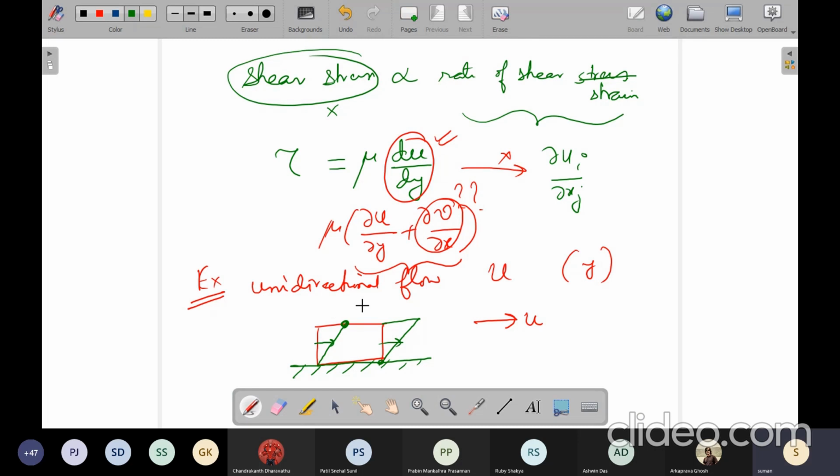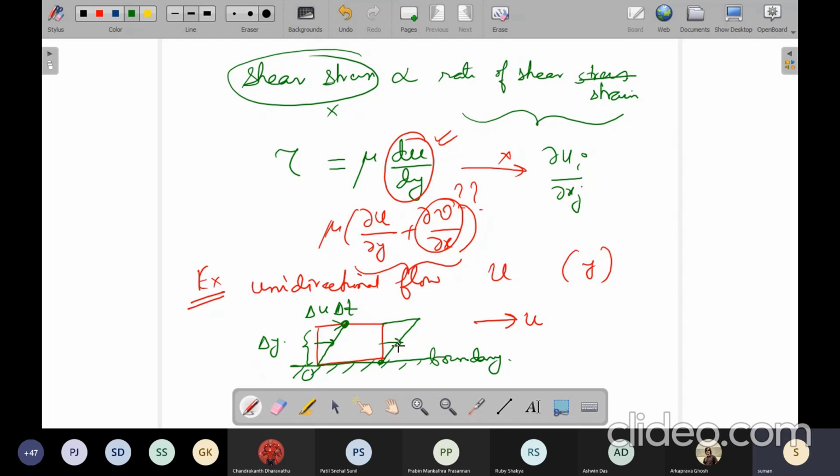So this is 0, this is the boundary. I'm just talking about a fluid element on the boundary. This is a small delta y. So here the x component of velocity will be 0 plus a small delta u. So over a period of time, it will move by delta u into delta t.